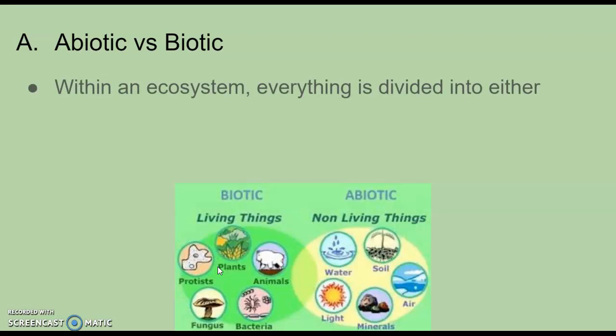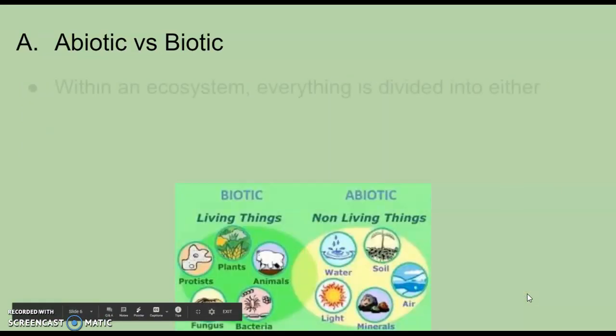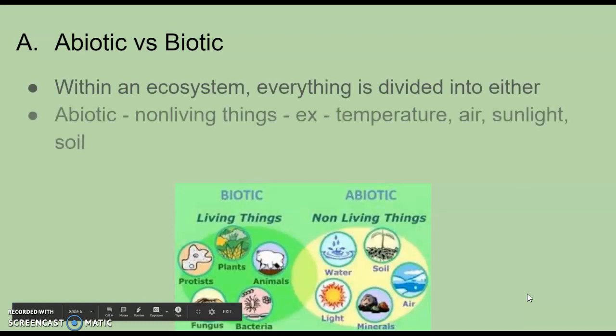Within an ecosystem, so again, an ecosystem right here is different species living with everything in its environment, okay? So within an ecosystem, everything is divided into two things. One is abiotic. These are non-living things. So things like temperature, air, sunlight, soil, everything over here on the right side of this.